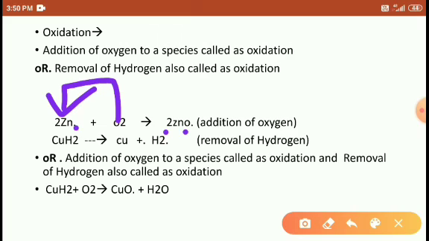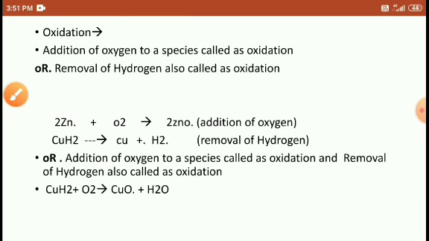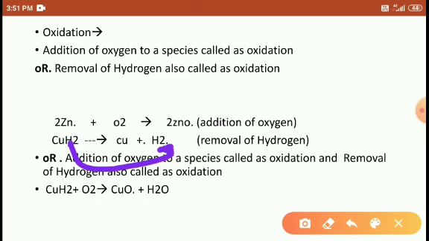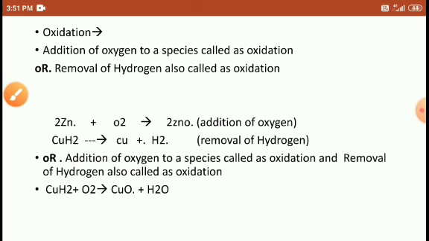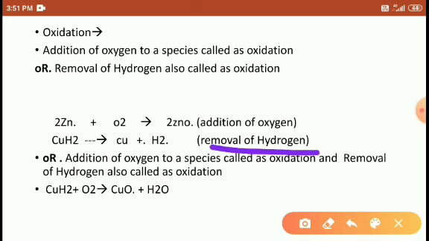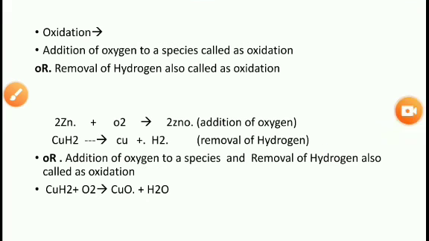This addition of oxygen is called oxidation, right? Here we are removing the hydrogen from copper hydride, we are separating the hydrogens. Removal of hydrogen is also called oxidation.